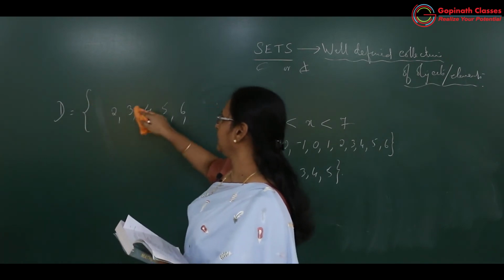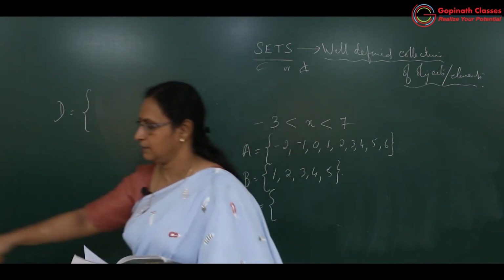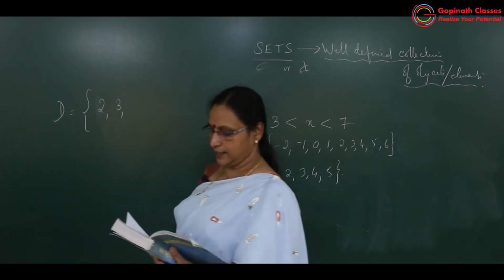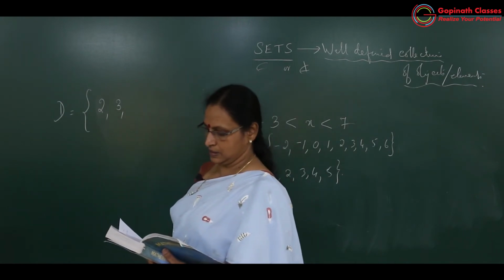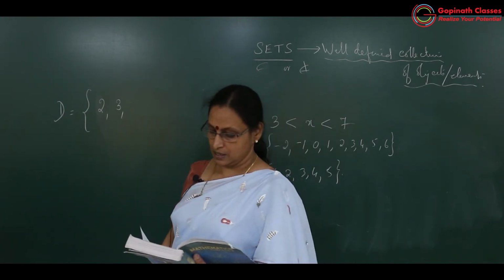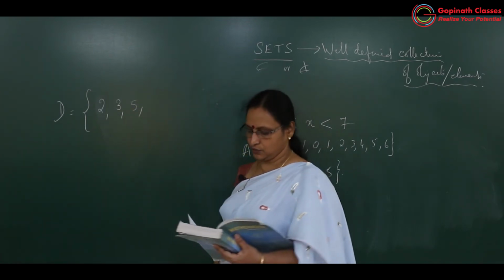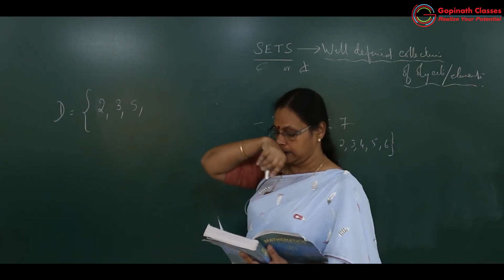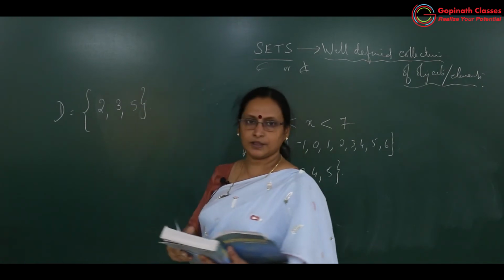So 1 is not prime, 2, 3 are, 4 is not, 6 is not. So only the prime divisors. Which are the prime divisors of 60? 2 will come, 3 will come, then 5 will come, 7 won't, 8 won't, 9 won't, 10 won't, 11 no. Only this will come: 2, 3, 5, isn't it?